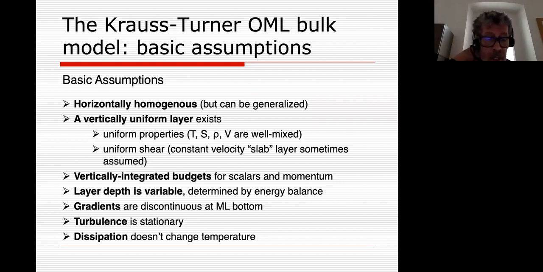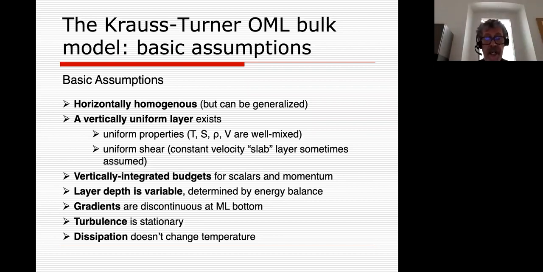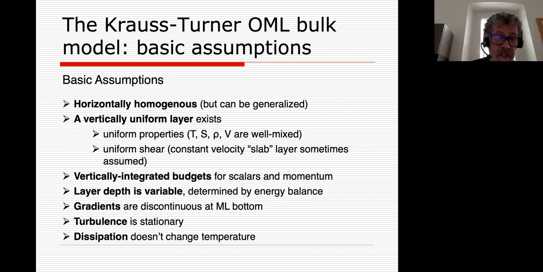And also we have dissipative processes inside the mixed layer, which end up changing the temperature because all the mechanical energy at the end of the process is transformed into thermal energy. But we just disregard this effect.